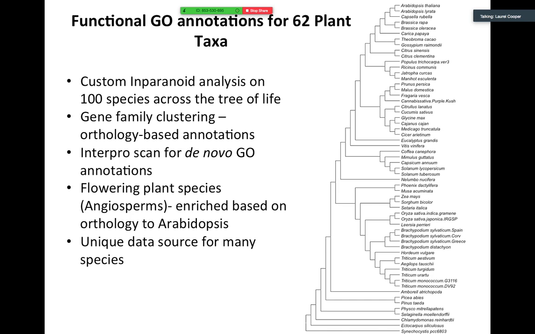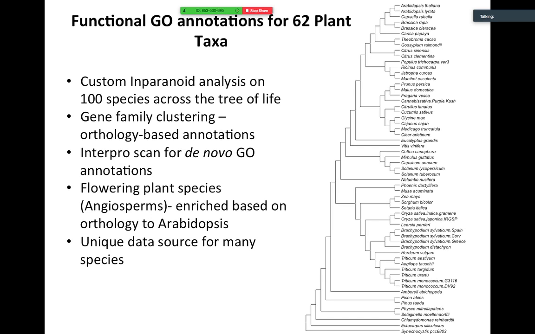One of the exciting features of the Planteome, which is new for our project, is we have functional GO annotations for roughly 62 plant taxa. And this has been done in-house using a customized InParanoid analysis of over 100 species across the tree of life.